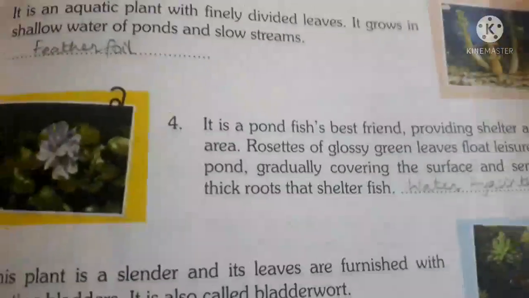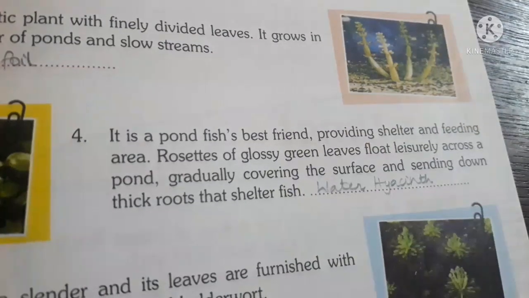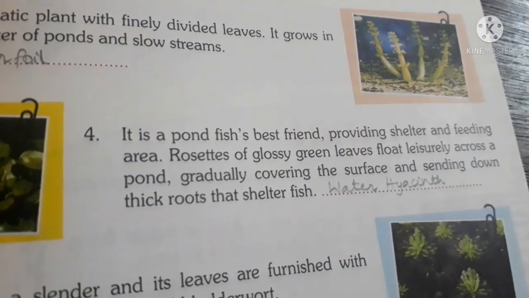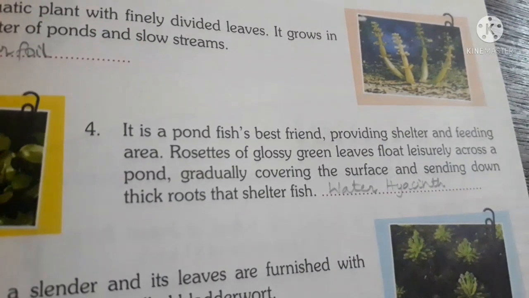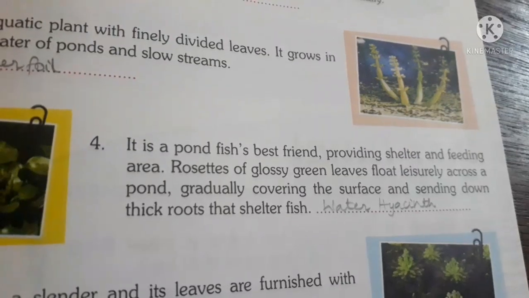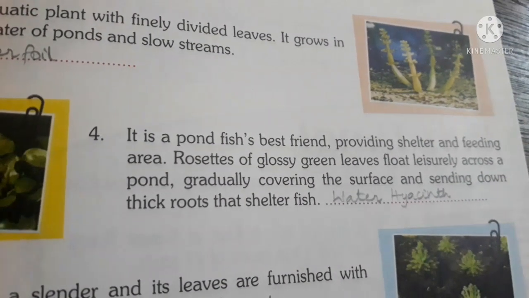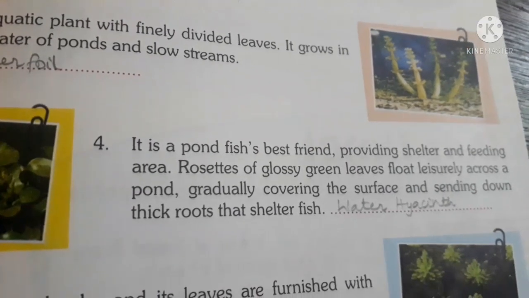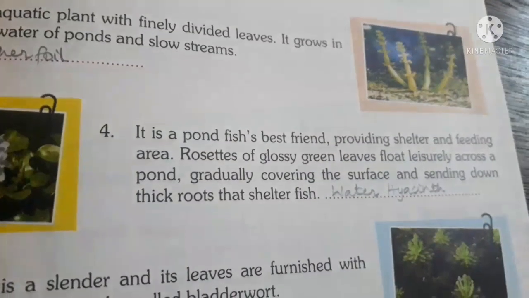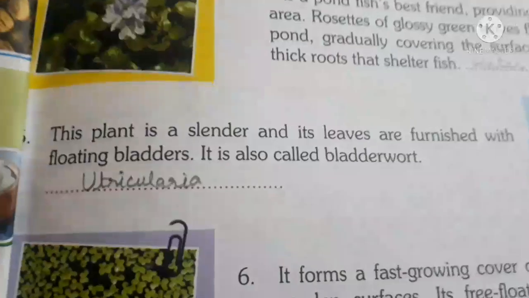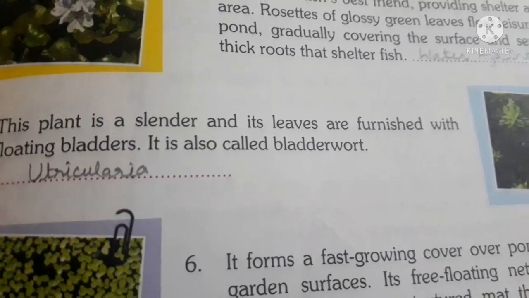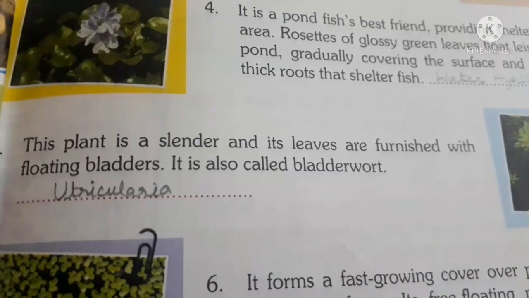Then it is a pond fish's best friend, providing shelter and feeding area. Rosettes of glossy green leaves float leisurely across a pond, gradually covering the surface and sending down thick roots that shelter fish. It is called water hyacinth. Then this plant is slender and its leaves are furnished with floating bladders.